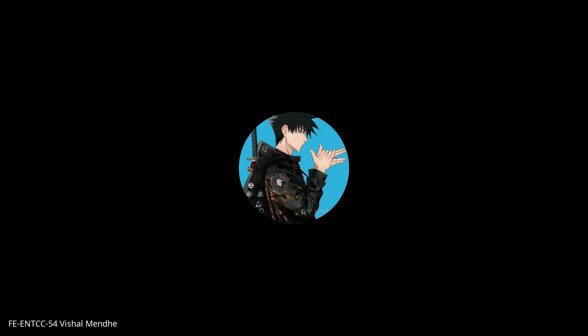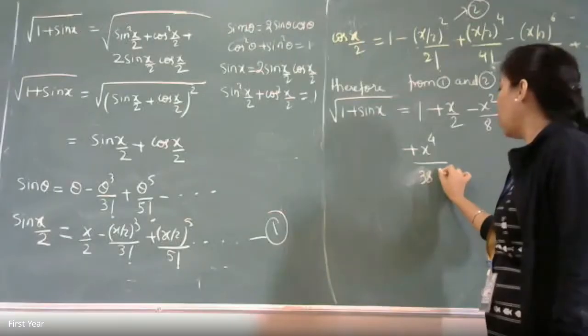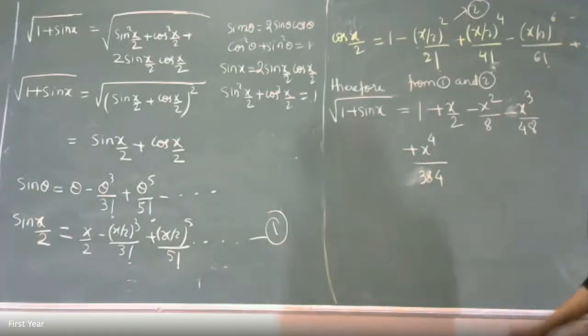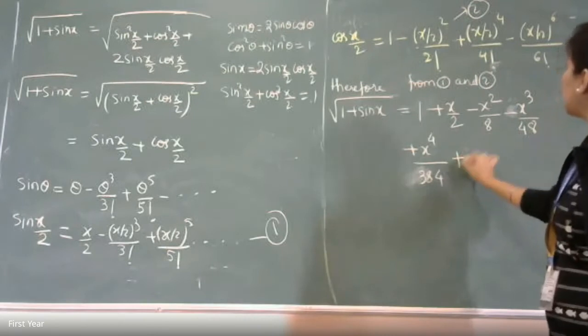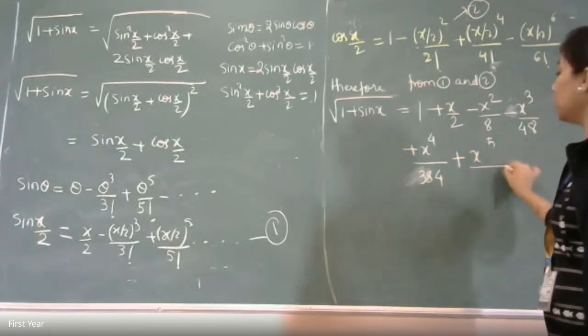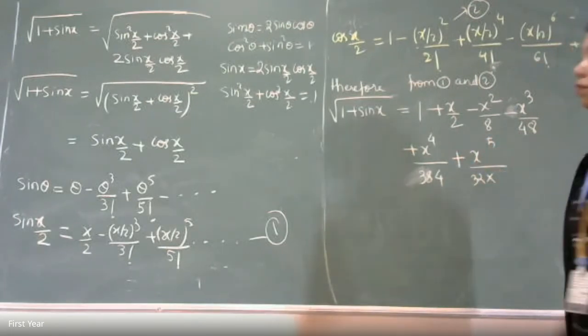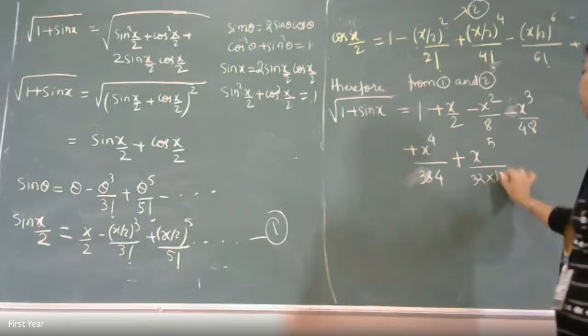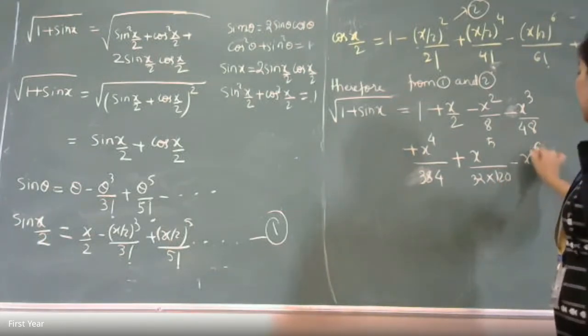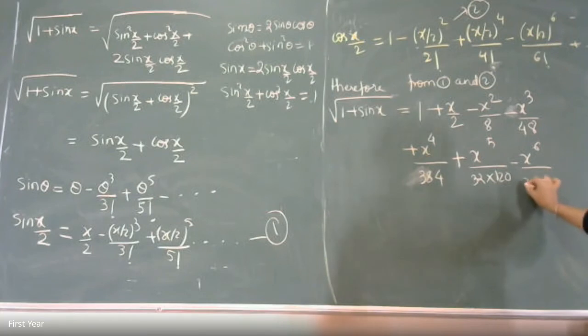384. Plus x raised to 5 upon 32, that is 2 raised to 5 is 32, into 5 factorial is 120. And minus x raised to 6 upon 2 raised to 6 into 6 factorial. And so on.